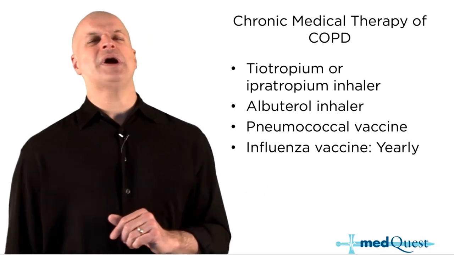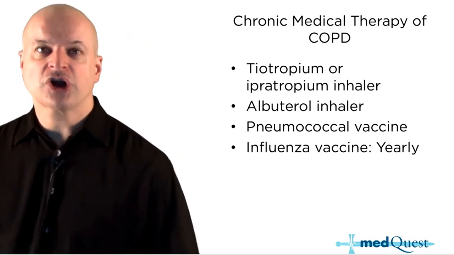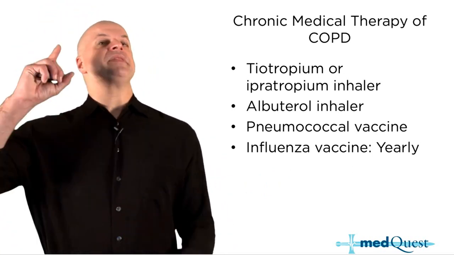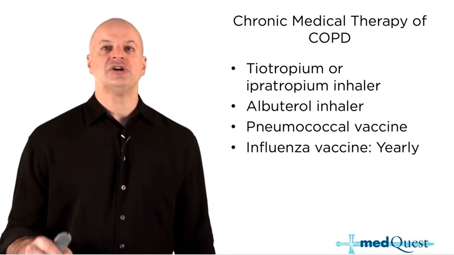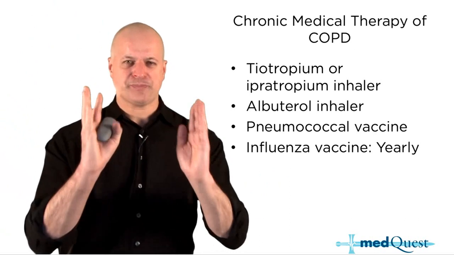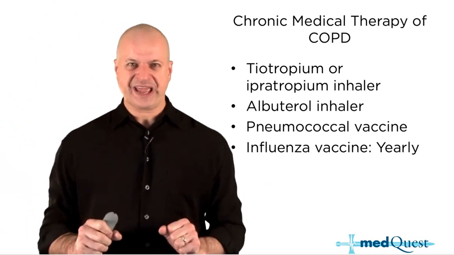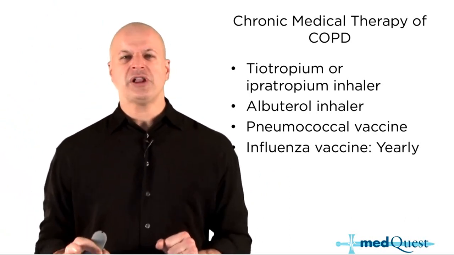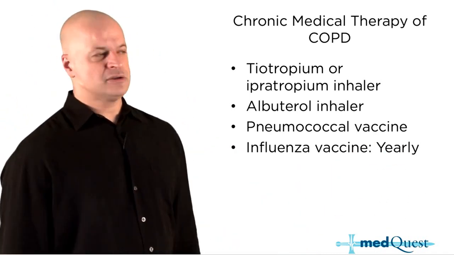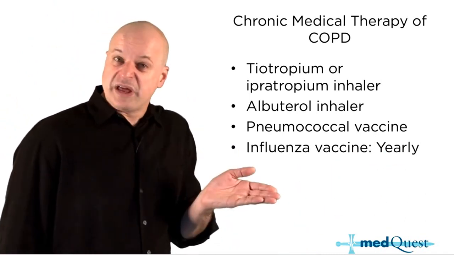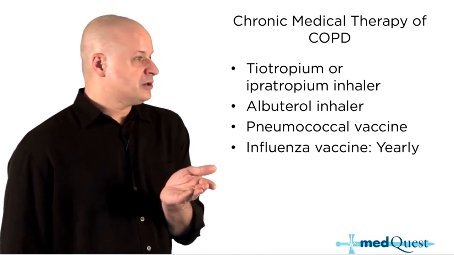But what's the question for COPD? The question is, which of the following groups will derive the greatest benefit from the influenza vaccine? You could say it's everyone every year. Yeah, but who gets the greatest benefit? Why does it matter?